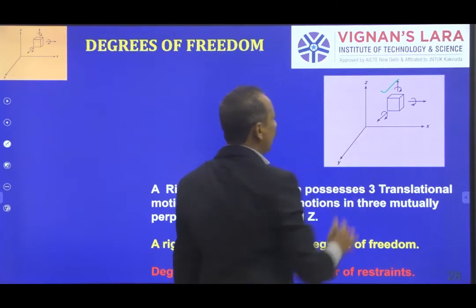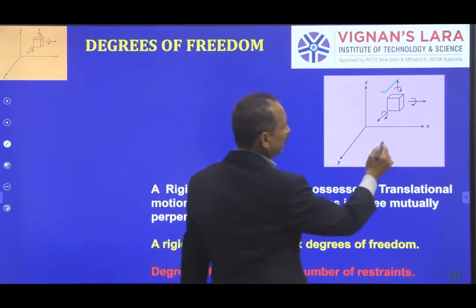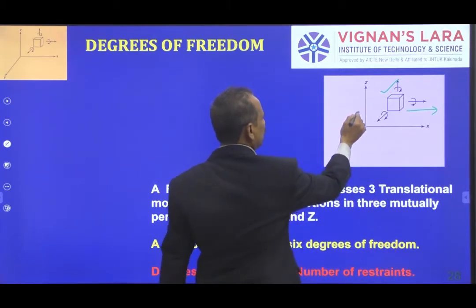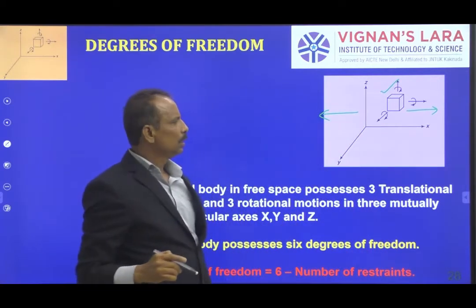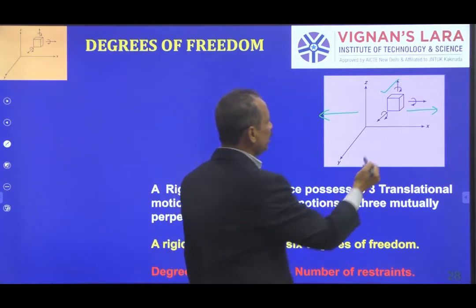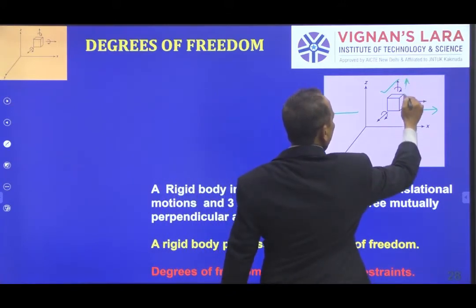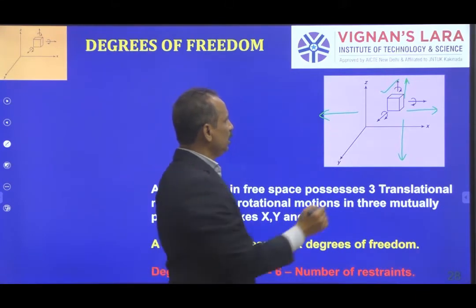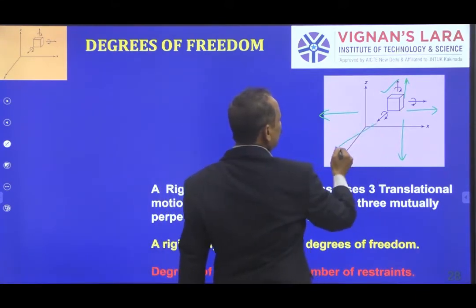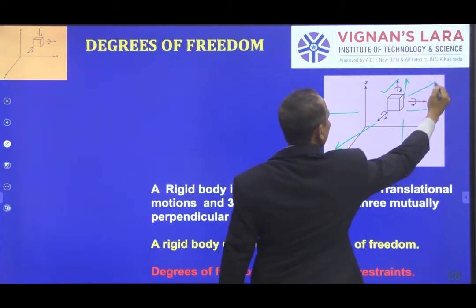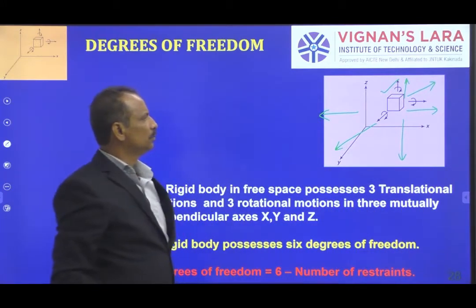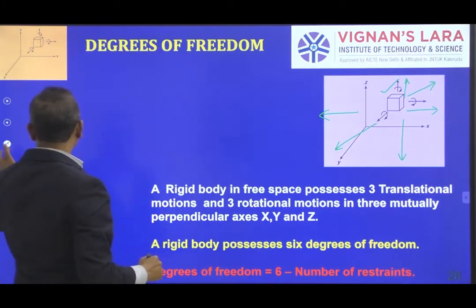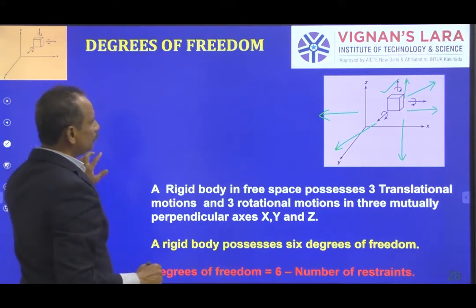The same thing I have shown here. This is moving this way or this way: one translation. Moving up, moving down is another translation. Then moving in this way is the 3rd translation. Then as far as rotations are concerned, there are 3 rotations.